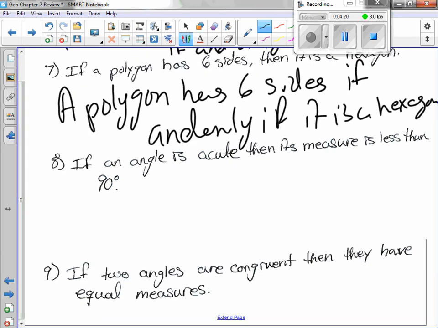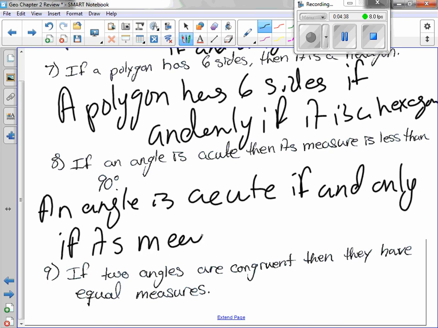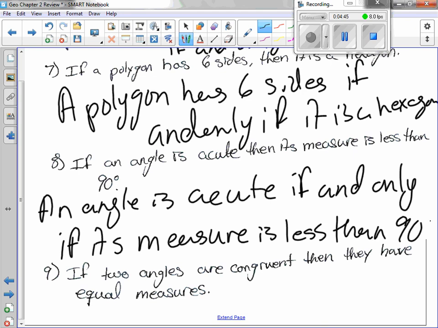So number 8, if an angle is acute, then its measure is less than 90 degrees. An angle is acute if and only if its measure is less than 90 degrees.